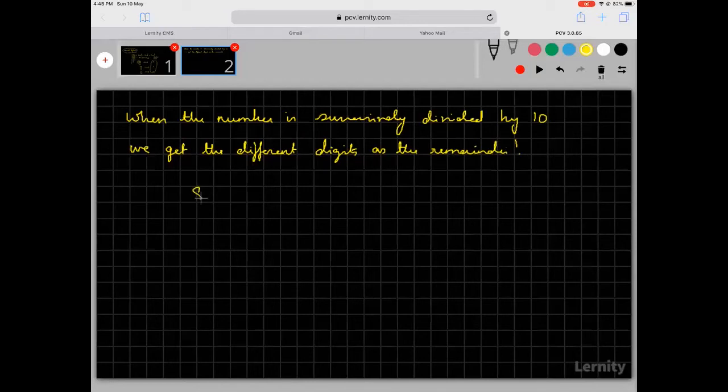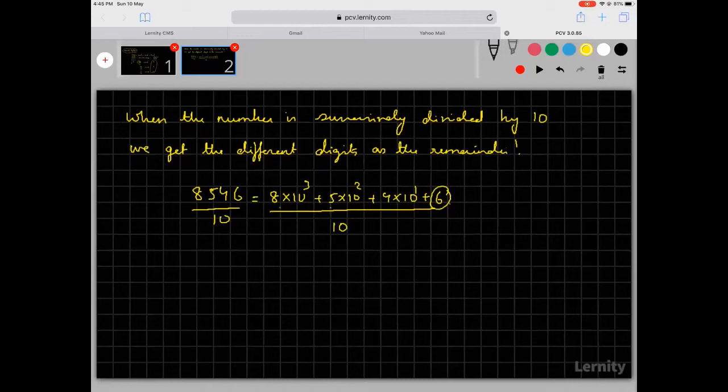So if we take 8546 and divide it by 10, basically this is equal to 8 into 10 power 3 plus 5 into 10 power 2 plus 4 into 10 power 1 plus 6. So when I divide this by 10, this will be my first remainder. Then I'll get 854.